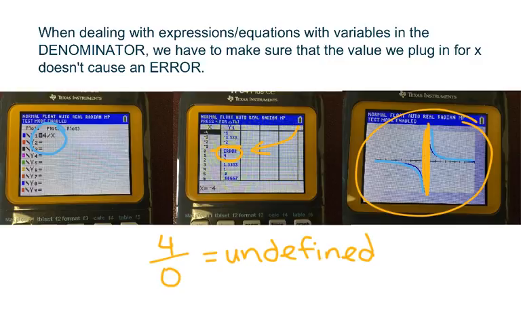Okay, that's what a restriction looks like on the graph. So a restriction on the table says error. A restriction on the graph looks like two separate pieces divided by an imaginary line. So I'm going to erase this line right here so you can see it again.